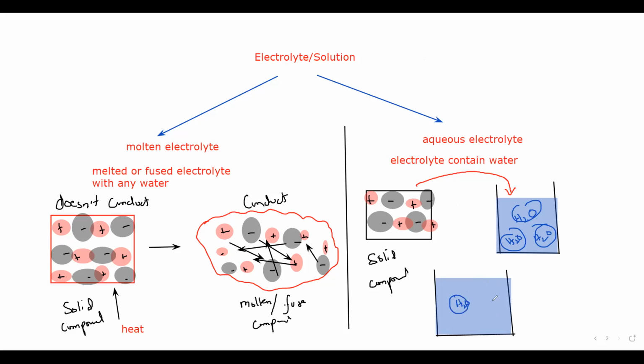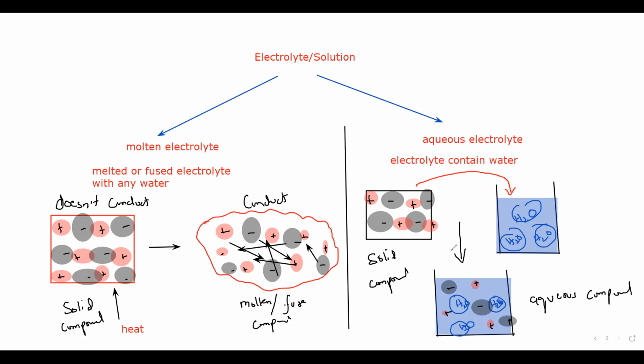The water molecules are already present, but when we add this ionic compound, it will break down or separate into ions. So in the solution, we will have positive and negative ions as well. But these ions are not in a fixed position, they are free to move. That's why we call this an aqueous electrolyte.